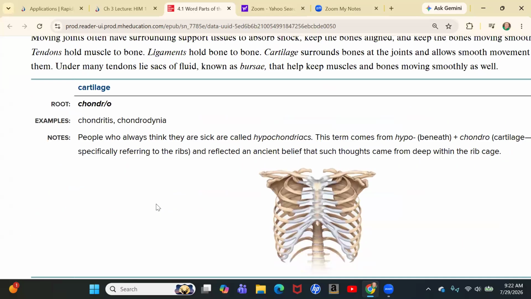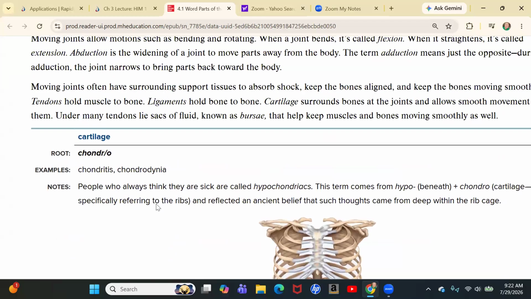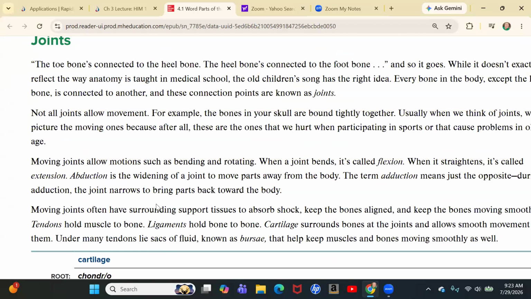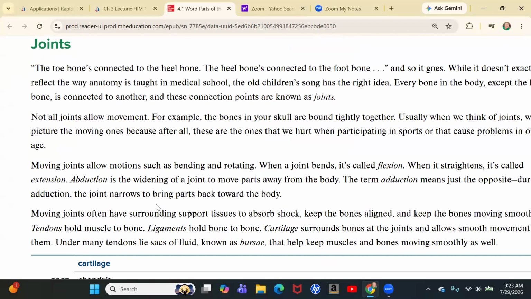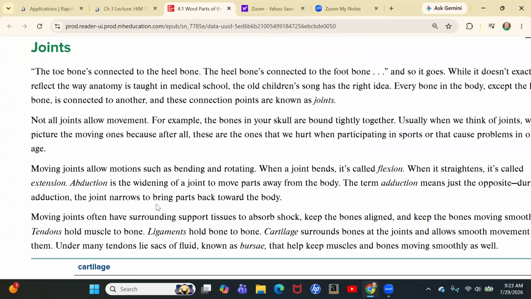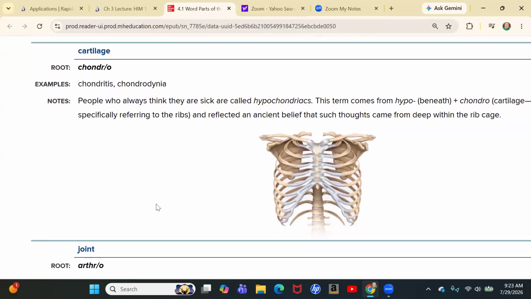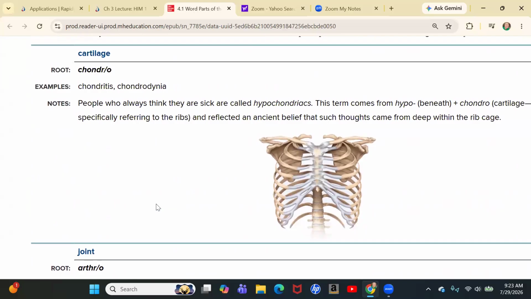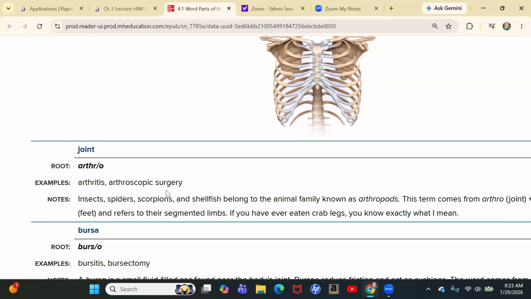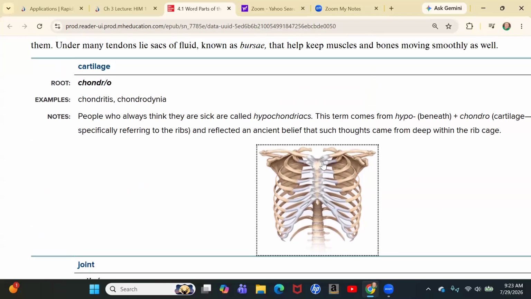Then we have the descriptions of joints. So joints are where two bones come together. There's multiple bones within the body, and there's different types of joints. There again, that's an anatomy and physiology class. But just know that oftentimes in between bones or where bones come together, you may have what's called cartilage.